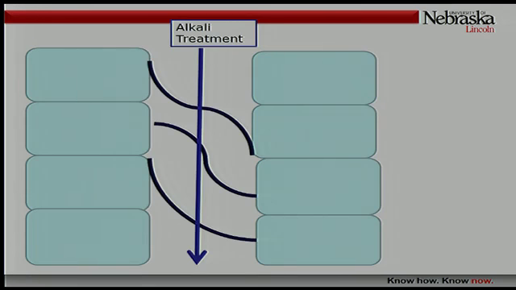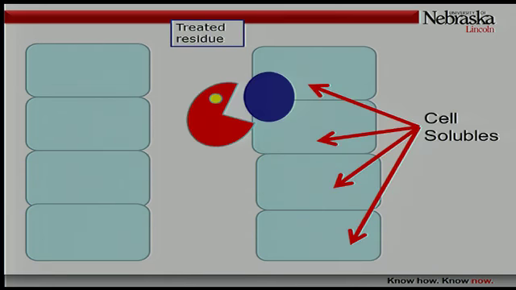This is another way of looking at it, and I like this cartoon that Adam put together: if these were plant cells, and the cell solubles are in the middle with hydrogen bonds, after alkali treatment, the bacteria are able to get in there and start degrading more of that material.